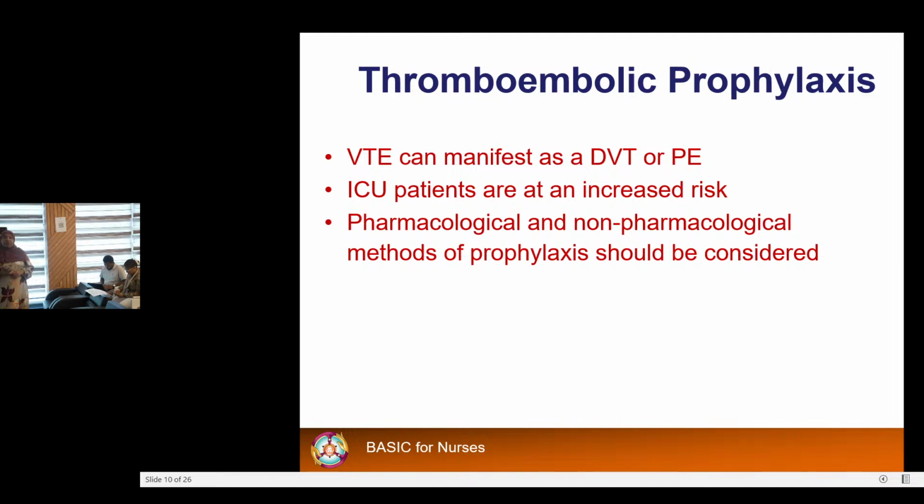Enoxaparin in a renal failure patient requires dose adjustment that you have to do for the person who has got renal failure. So heparin is short acting, it's a little better. Okay, and non-pharmacological ones?